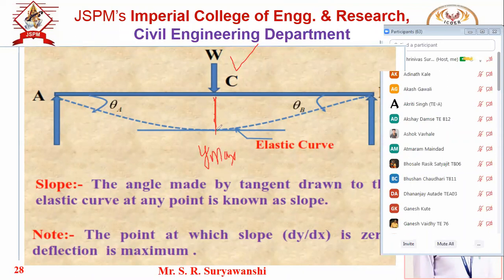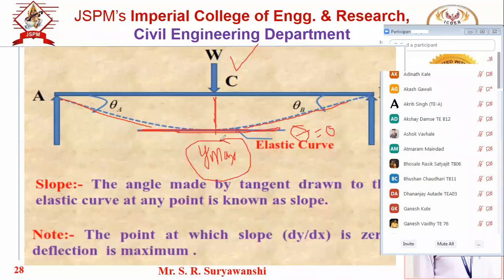Now this is the elastic curve of the given beam. If I draw the tangent at that particular point C on the elastic curve, that tangent will be a horizontal line. Horizontal line means our theta angle will be 0. So one point we have to remember is that at a point of maximum deflection, the slope must be 0.